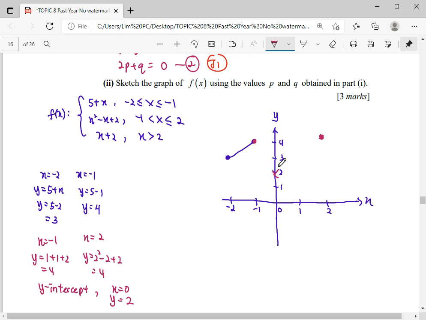So what is the axis of symmetry? We can see our quadratic here, y equals x squared minus x plus 2. Completing the square, y equals (x minus 1 over 2) squared, minus (1 over 2) squared plus 2. So our axis of symmetry occurs at x equals 1 over 2, and its minimum point is at 7 over 4.